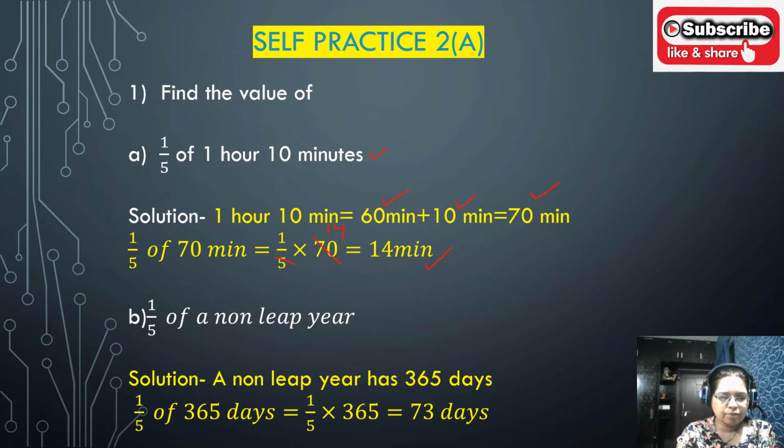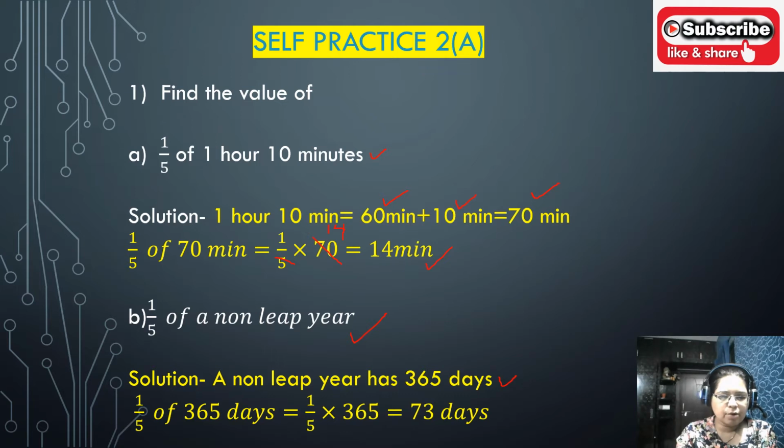Now part B: 1 by 5 of a non-leap year. We know a leap year has 366 days and a non-leap year has 365 days.